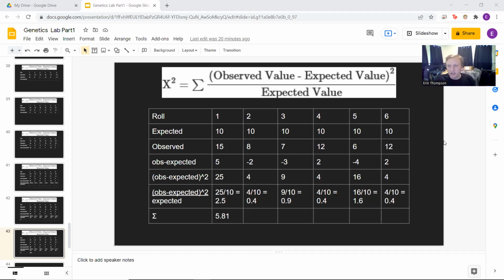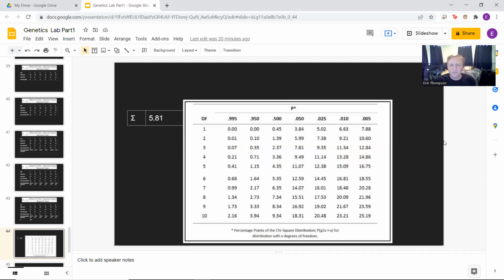All right, let's trudge along with this problem here. We summed all of those numbers up. We got 5.81. Where do we go on the chart here? And this is kind of the same question I've been asking, but where do we go on this furthest left? Like how far down do we go to look for numbers?